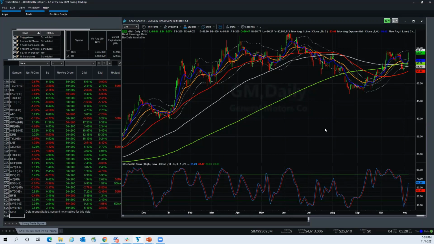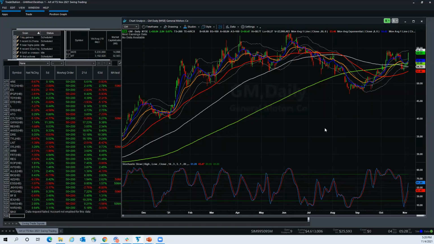I'm not saying GM or Ford has to go to 200 times earnings, but if you get earnings growth and, on top of that, Ford goes to 15 times earnings, you're looking at upward momentum. So from my perspective, the potential of multiple expansion plus the cyclical demand for autos is a very powerful and explosive combination.